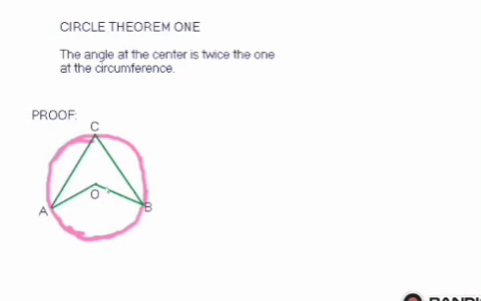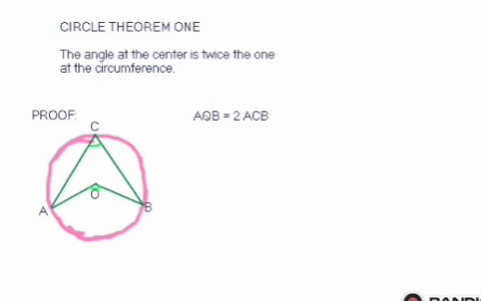So we want to prove that the angle at the center is twice the one at the circumference. This is what we want to prove: AOB, because we trace the line AOB, is twice ACB.